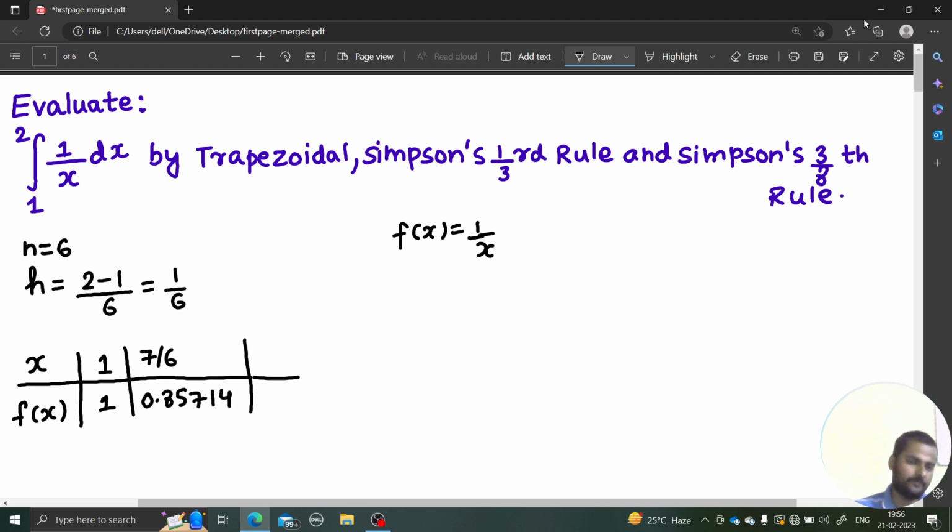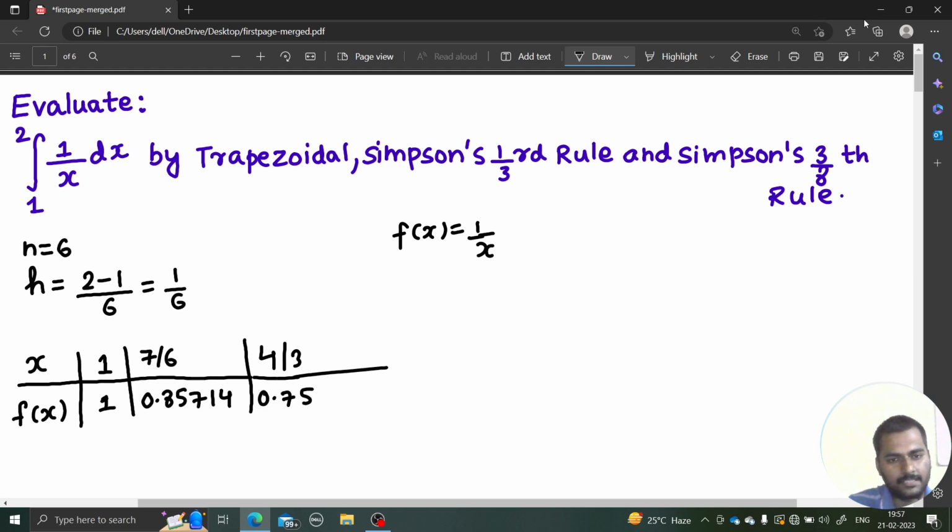Next will be 7 by 6 plus 1 by 6, so that will be 8 by 6. 8 by 6 I can write as 4 by 3. And the value of the function is just the reciprocal of this, so 3 by 4 is nothing but 0.75.